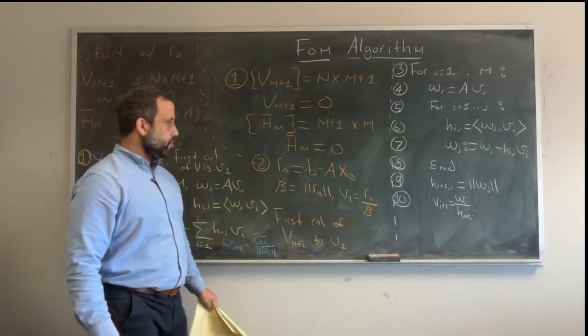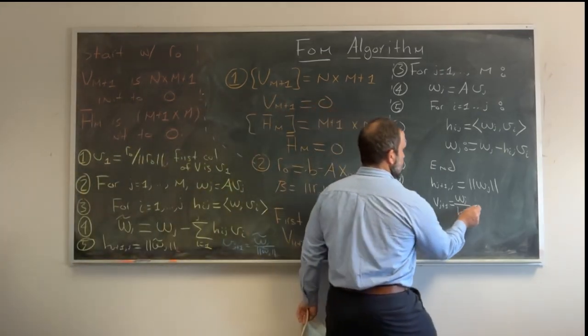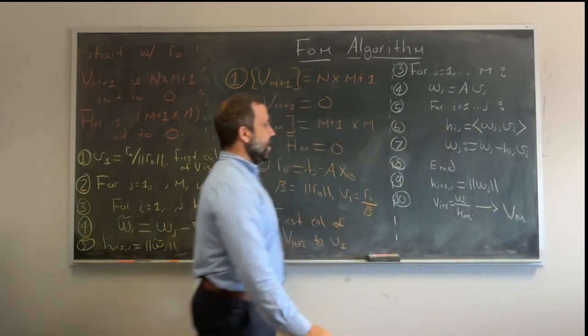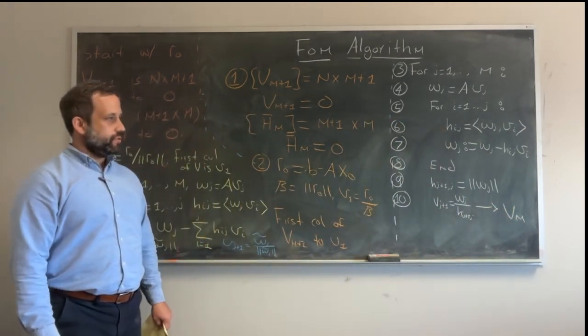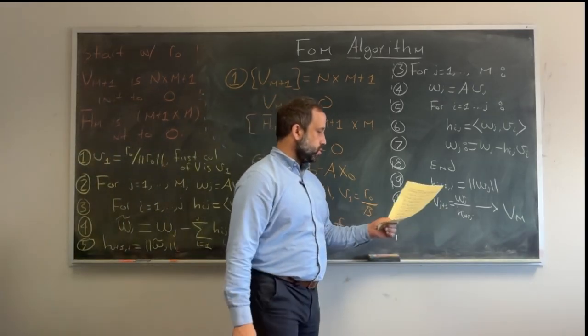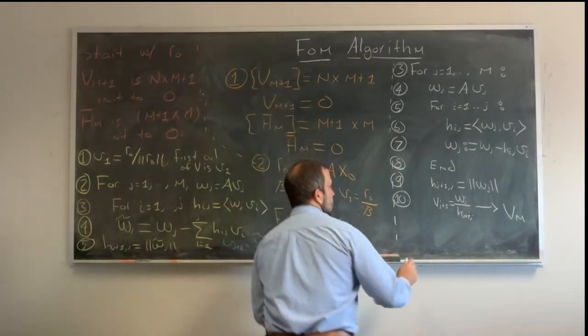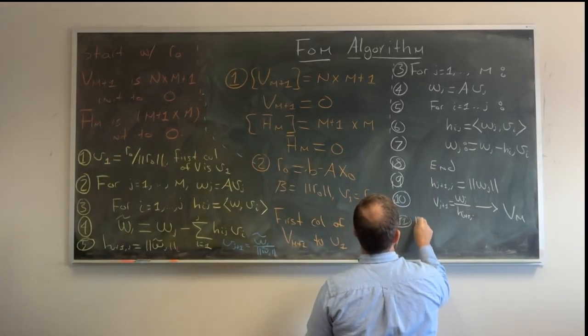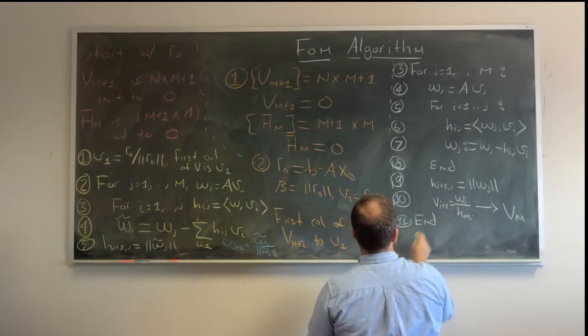And then I'm going to use this notation here, meaning we're going to store that in the matrix Vm. So the j+1th row of Vm is going to be equal to vj+1. Okay, 11 is going to be the end of the outer loop.